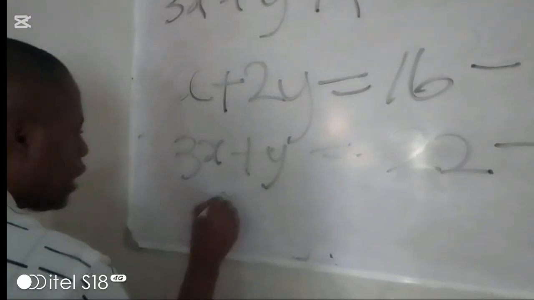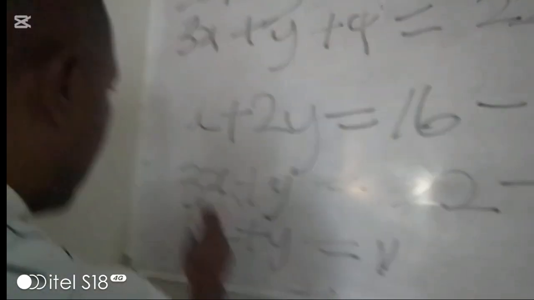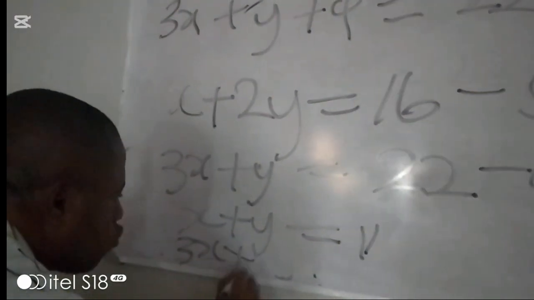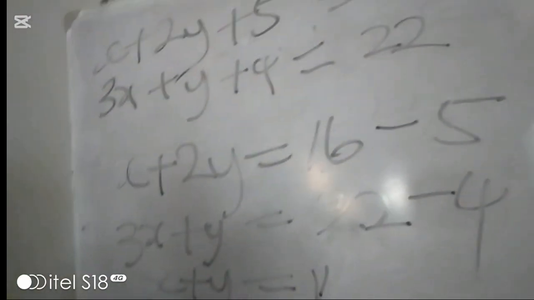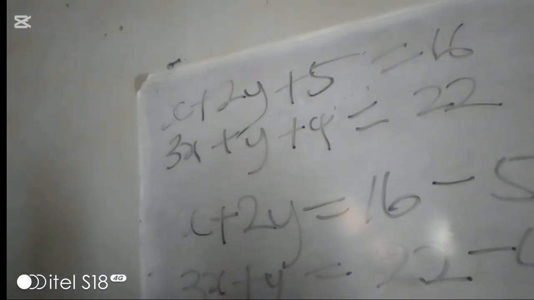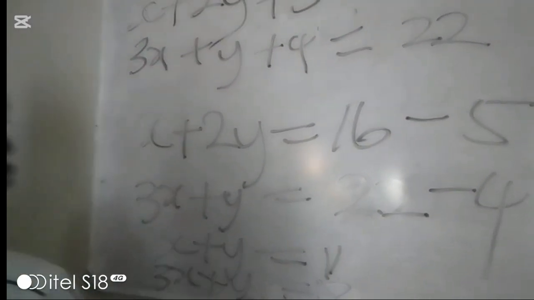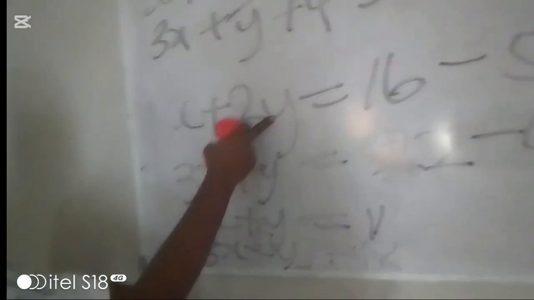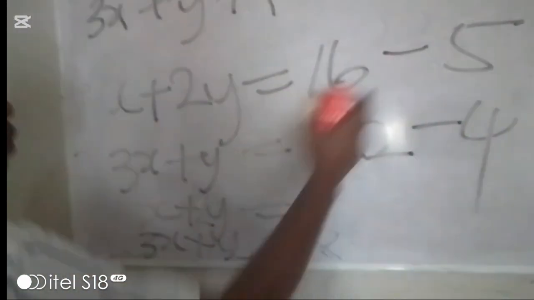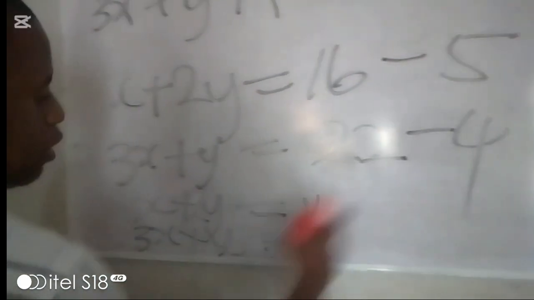So you have x plus 2y equal to 16 minus 5, which is 11, then 3x plus y equal to 22 minus 4, which is 18.